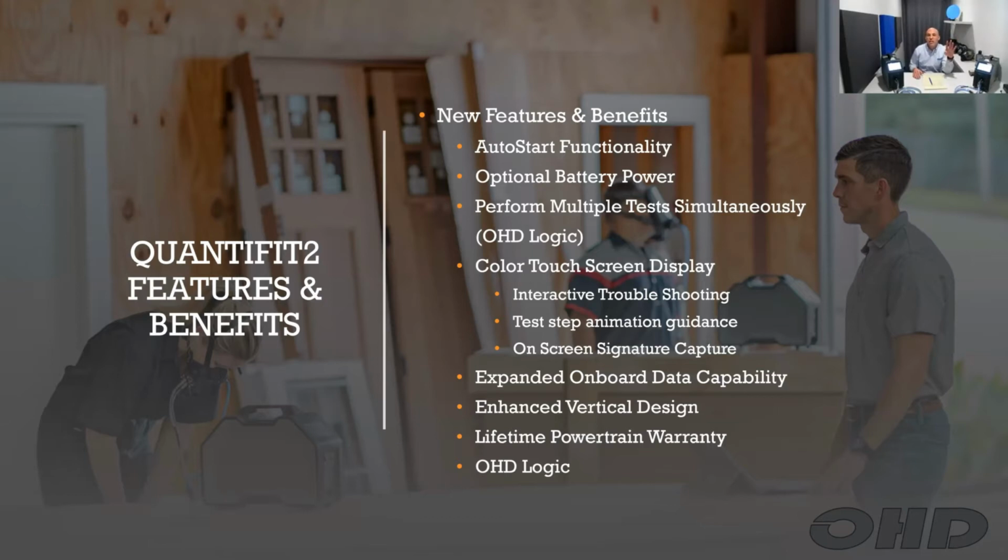The only thing that you could store on the legacy QuantiFit was about 500 fit test results, and then it would cap out at 500 fit test results. And the legacy QuantiFit had very narrow limitations on what printers it could actually connect with. It was basically 1 or 2 HP printers that interfaced well with the legacy QuantiFit.